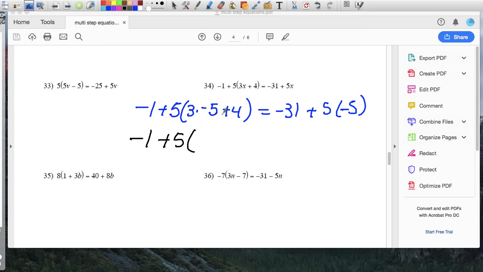So inside the parentheses, I got 3 times negative 5, which is negative 15. And negative 15 plus 4 is negative 11. Equals negative 31 plus, no, well, before I do that, they're multiplying here. So let me take this guy out. We're multiplying a positive times a negative, and that gives me a negative 25.